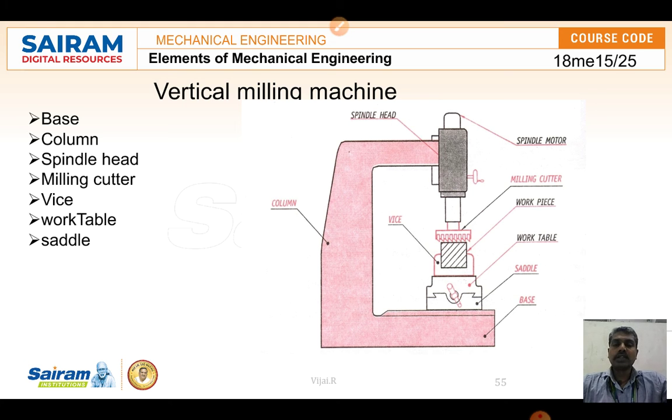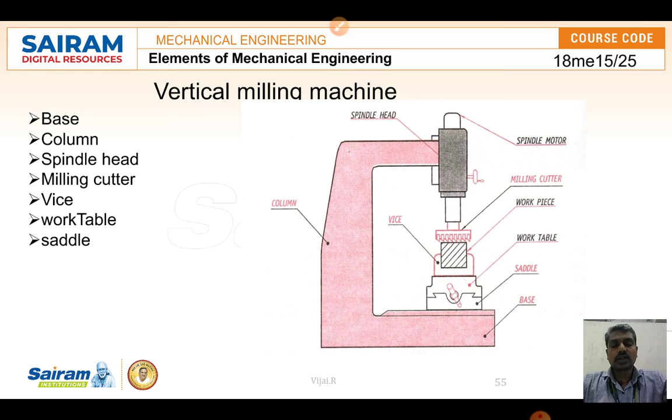The vertical milling machine is the one where the spindle carrying the cutter rotates about a vertical axis. Just like the horizontal milling machine, it consists of a base, a column, an overhead, a spindle head, a milling cutter, the workpiece and the vise table. In the overhead, the spindle motor is located, which is supplied with electrical power.